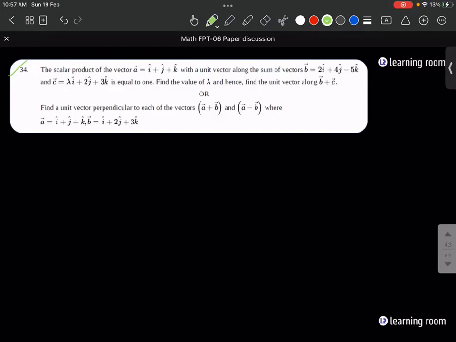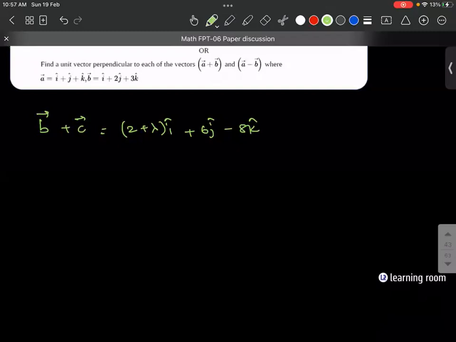So what is b plus c? It is 2 plus lambda times i cap plus 6j cap minus 2k cap.